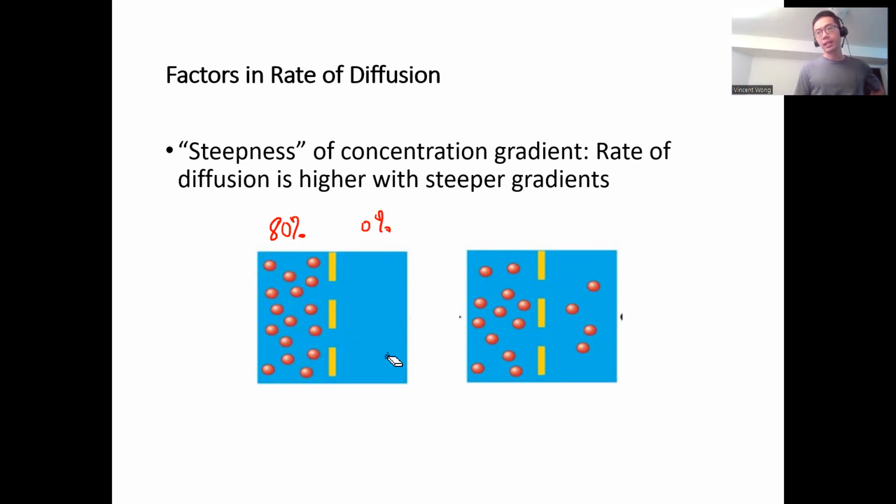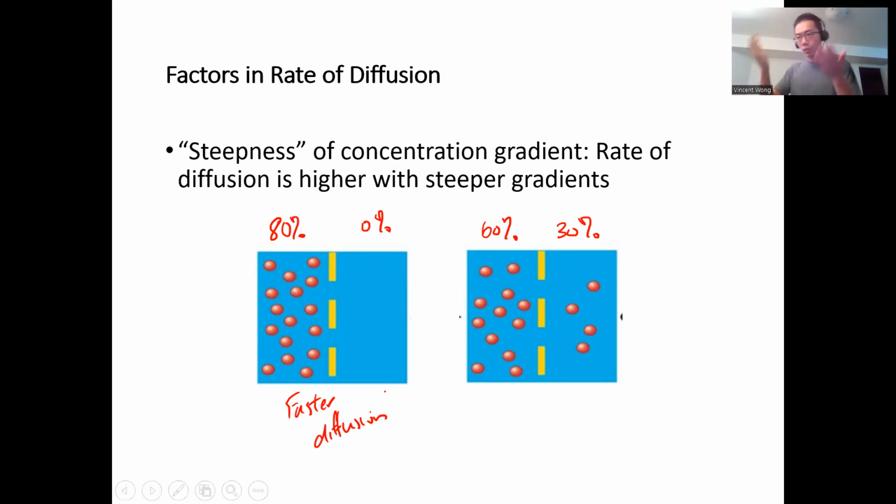There's nothing, right? So the difference between these two areas is 80. Over here, let's say this is 60%, and this is like 30%. The difference is only 30%. So you would have faster diffusion here, because the gradient, the difference, is greater, right?